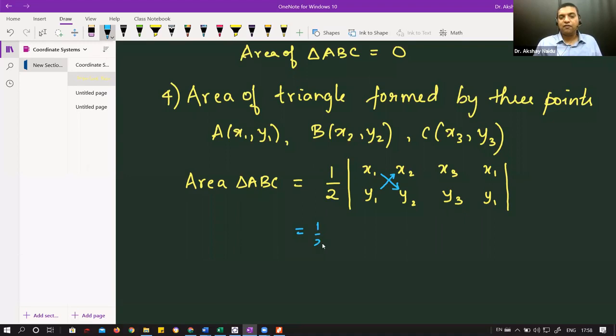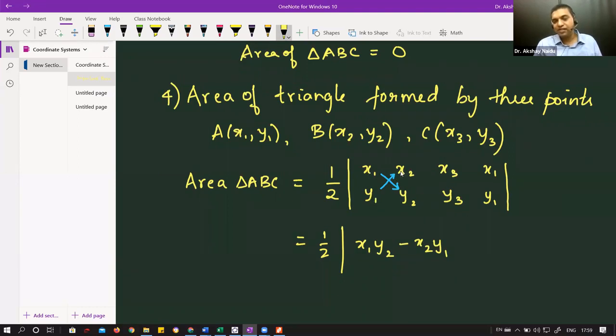So you get half, take a modulus because area will always be positive, of x1 y2 minus y1 x2. So this downward arrow is positive, this is negative.